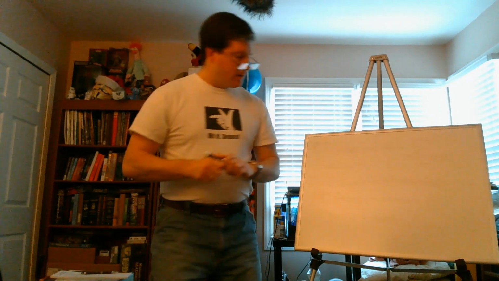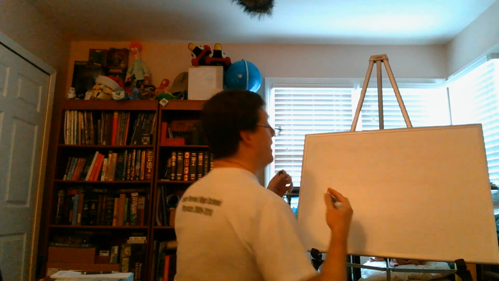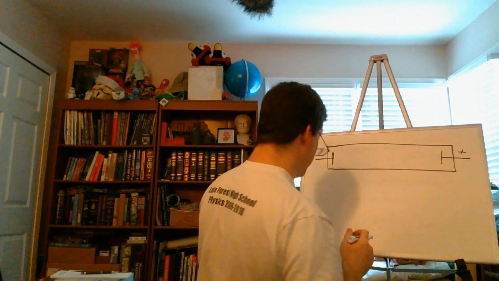So let's suppose I draw out my tube like this. We'll call this end of the tube the negative end. We'll call that end of the tube the positive end. So we have a negative electrode, we have a positive electrode.